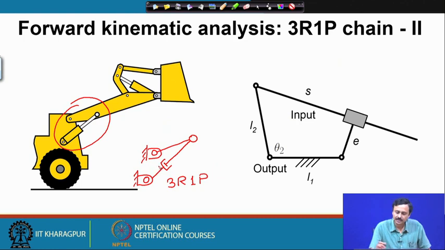Here this can rotate. This is what we have in this kinematic diagram. So, the direction of the slider can change.